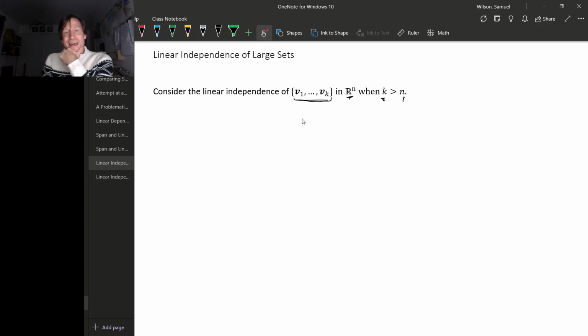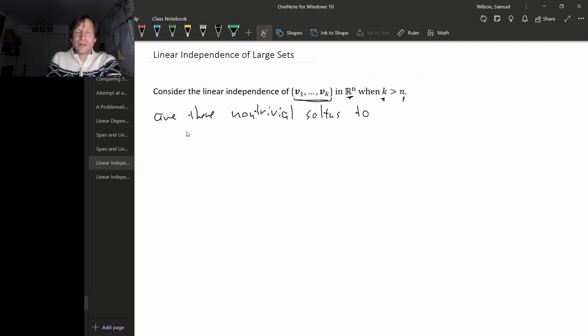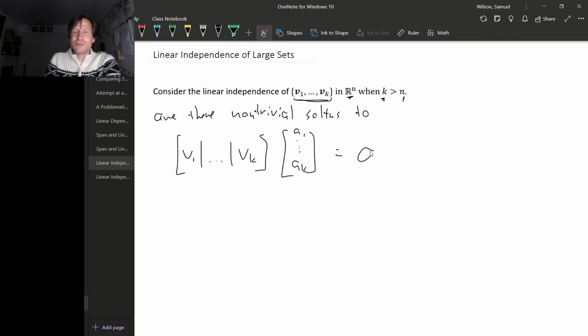Well, how would we check that? To check if it's linearly independent or not, remember we just need to check, are there non-trivial solutions to this equation? We can form a matrix by putting all the v's in there, and then take our scalar coefficients, a1 through ak, set that equal to the 0 vector, and check if there are non-trivial solutions.